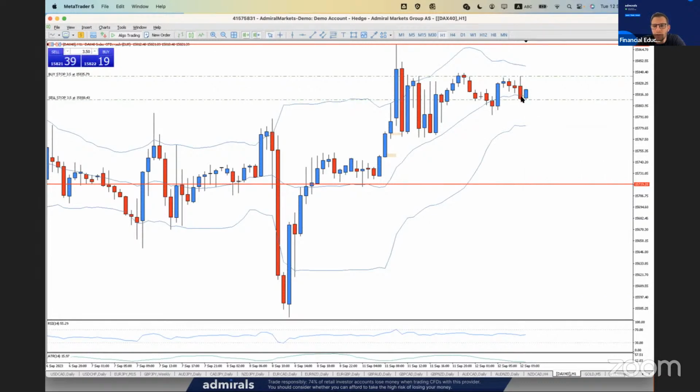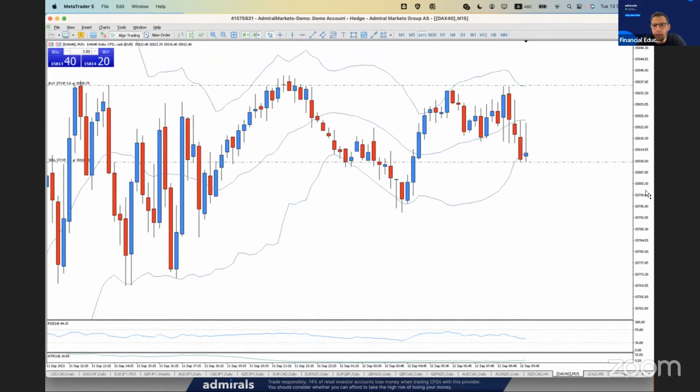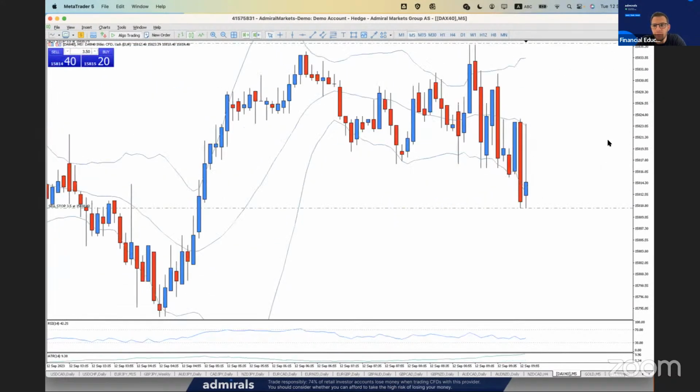So if you want to stick to the hourly chart and box the hourly candle to trade, if you feel that it's less stressful for you, you can do that. So let's check the 15-minute, 5-minute.